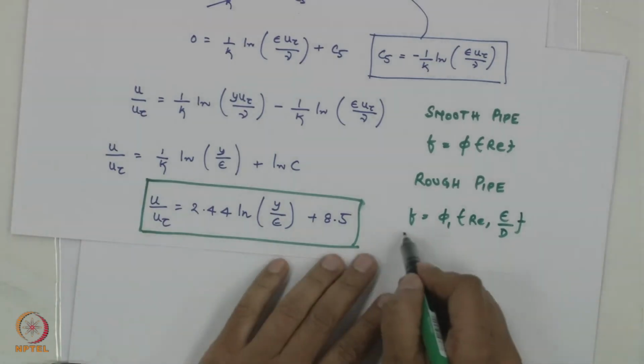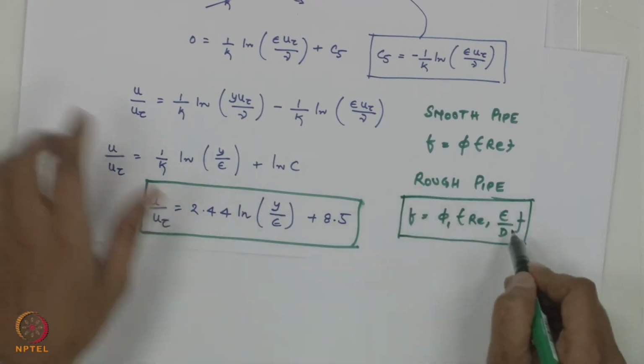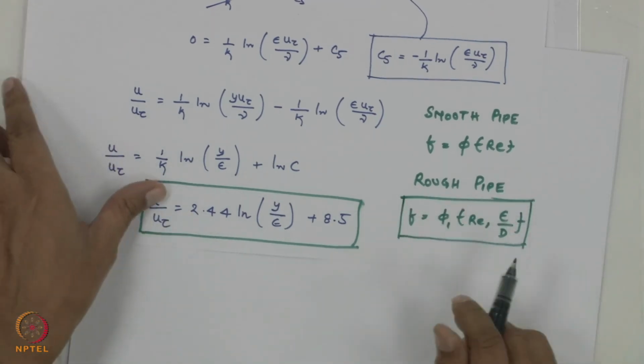So we can expect friction factor in our relation not just Re but also epsilon. So, let us see how we go about that.